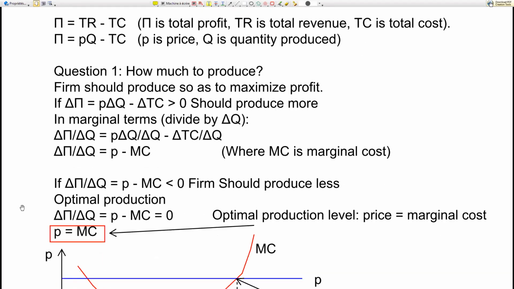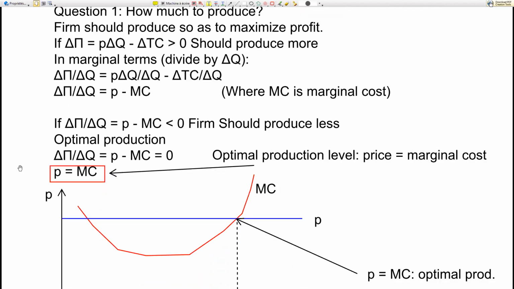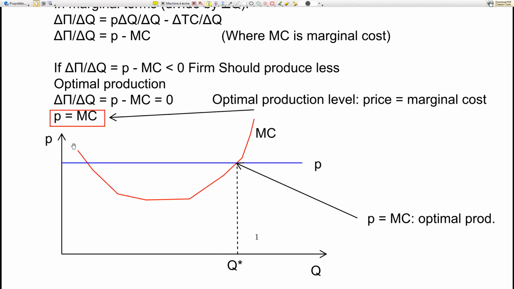So question one, how much do we produce? What we usually say is that the marginal cost, in the short term, this is production, this is price, and we say that price is set. However big or small the production is, the price doesn't change.